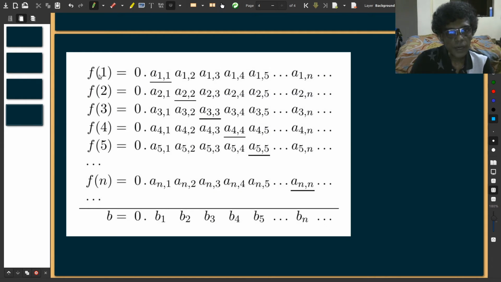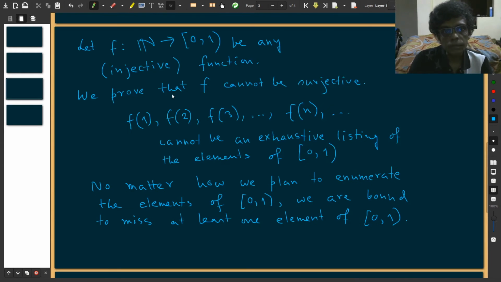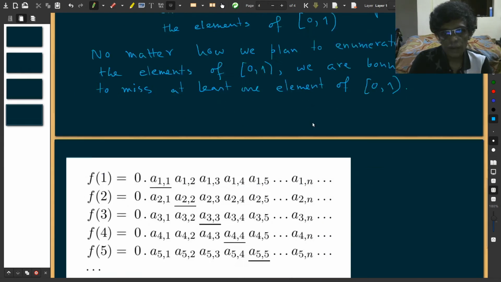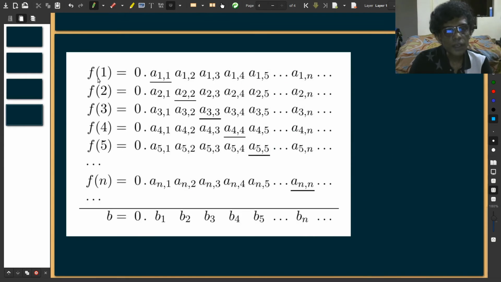So I have enumerated f1, f2, f3, fn like this. So let us say f1 is 0.a11, a12, a13, a14, where each aij is a decimal digit. Likewise, f2 is something like this. All these are infinite expansions. a31, a32, a33, a3n and so on. Fn is something like this.